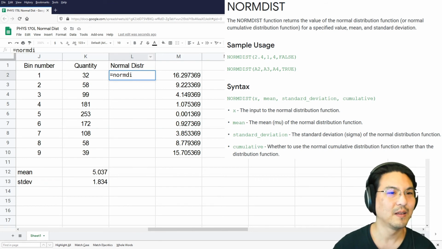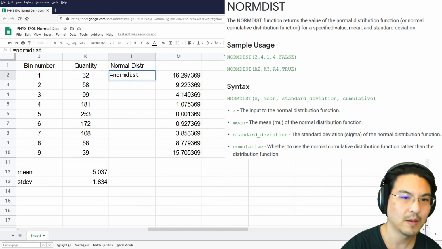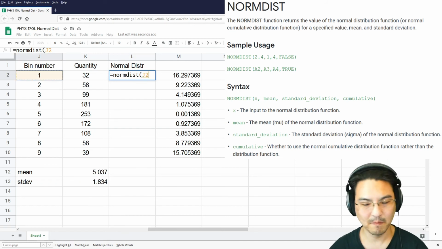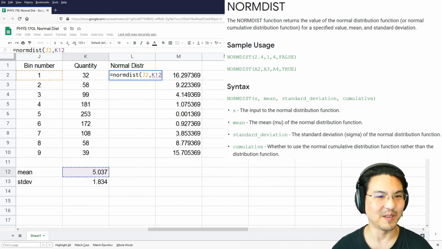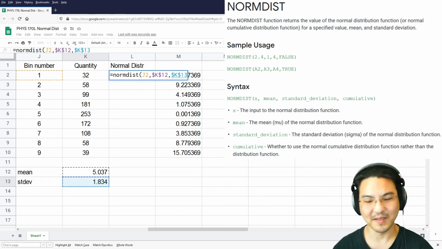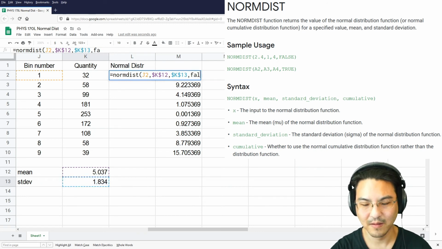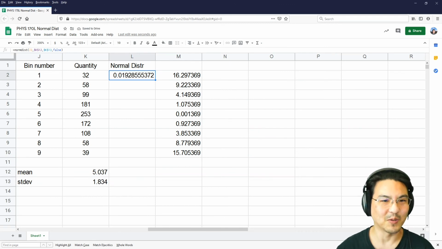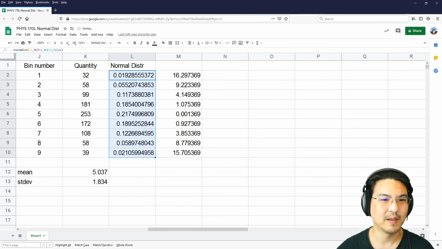And then the bin, comma, the mean, and I'm going to put the dollar signs, comma, the standard deviation with dollar signs, and then false. Okay, there we go. And then I'm going to drag this formula. Okay, so this should look like that bell curve.